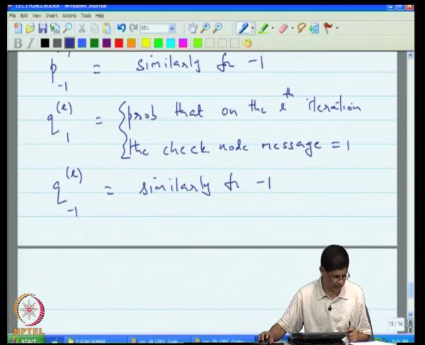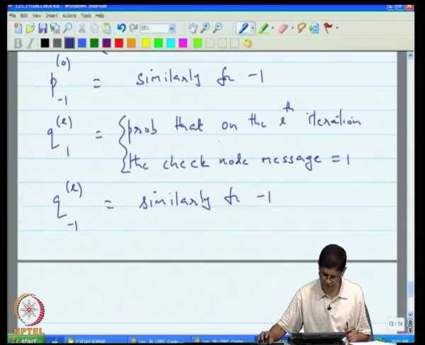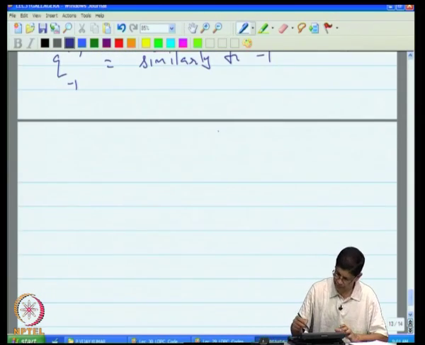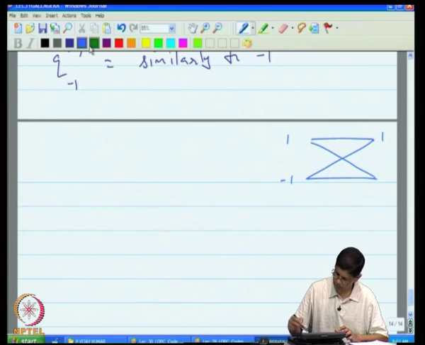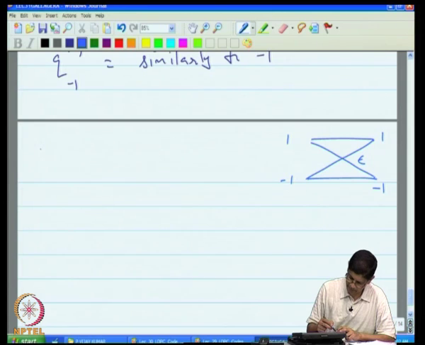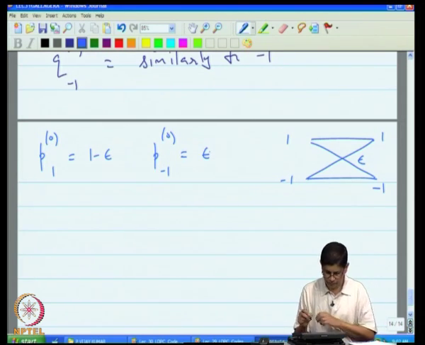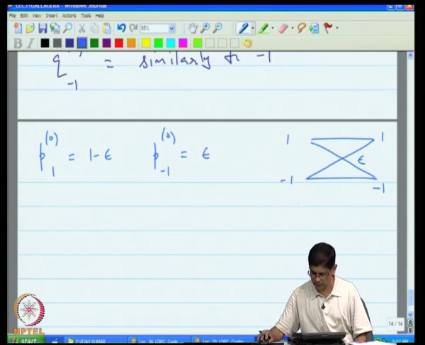Now, once we have that, it is possible to iteratively determine these expressions. Keeping in mind that our channel is a binary symmetric channel, and that the crossover probability is epsilon, we know that P 1 of 0 is equal to 1 minus epsilon, and that P minus 1 of 0 is equal to epsilon, because we assume that the all 1 code word was transmitted.